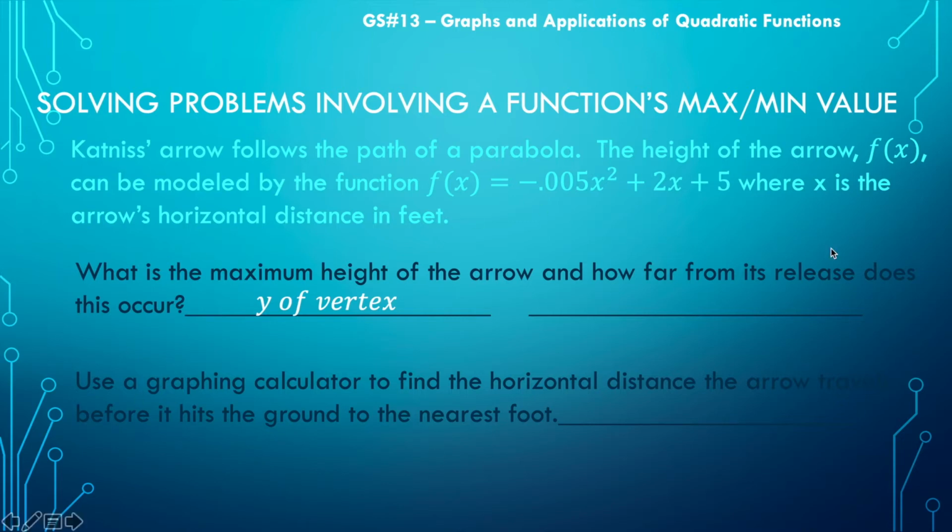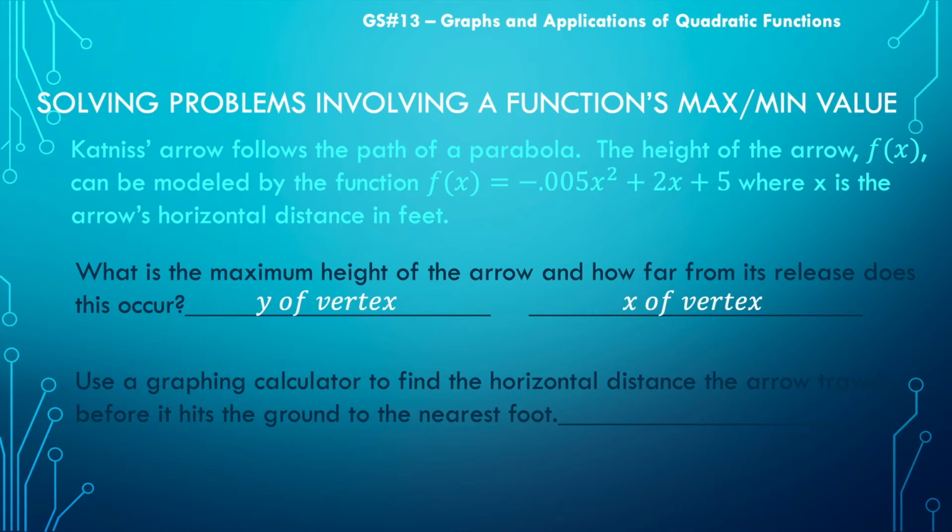The second part is how far from its release does this occur? How far? That's a location. Since x is the arrow's horizontal distance, that's going to be the x value of the vertex. Of these two, you can't find the y without finding the x first.